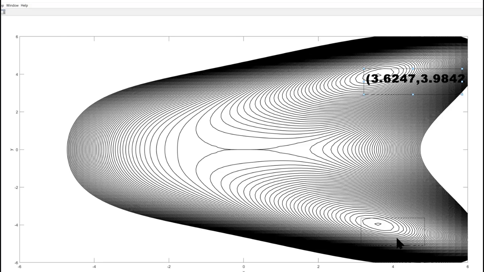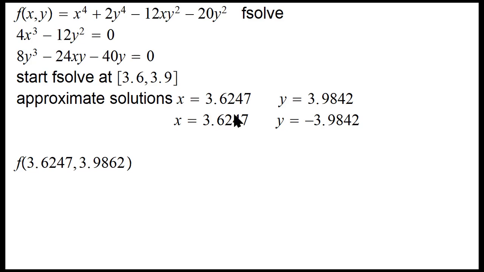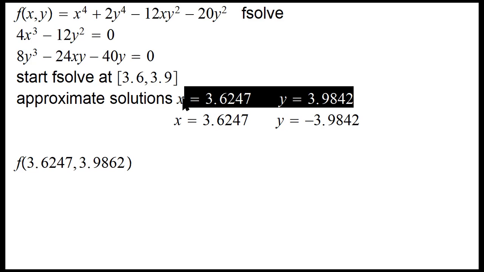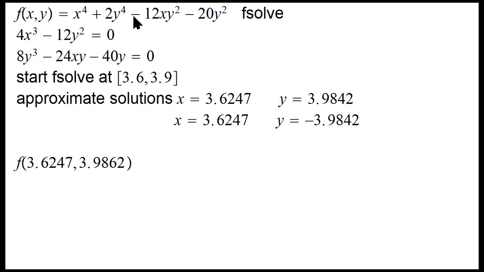So what we get now is that these are the approximate coordinates of the critical points, as approximate solutions of this equation. If we evaluate f at this, how much will be the value?